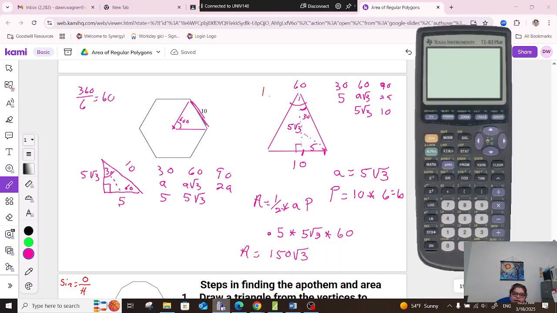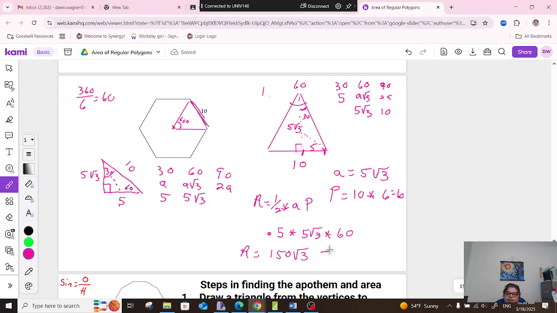What is that? 0.5 times 5 square root 3, don't forget to close your parentheses, times 60 is approximately 259.8. 259.8, right?